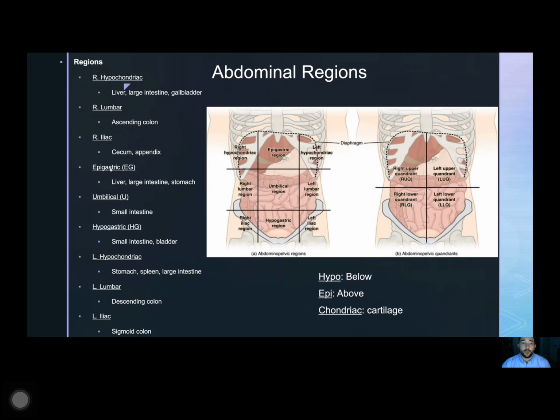So again, memorize all of these sections. I would recommend drawing a big tic-tac-toe board on a whiteboard in the library, writing out all of these different sections and regions, and writing one organ that you can find in each region, because that's how we will ask you questions on the practical.